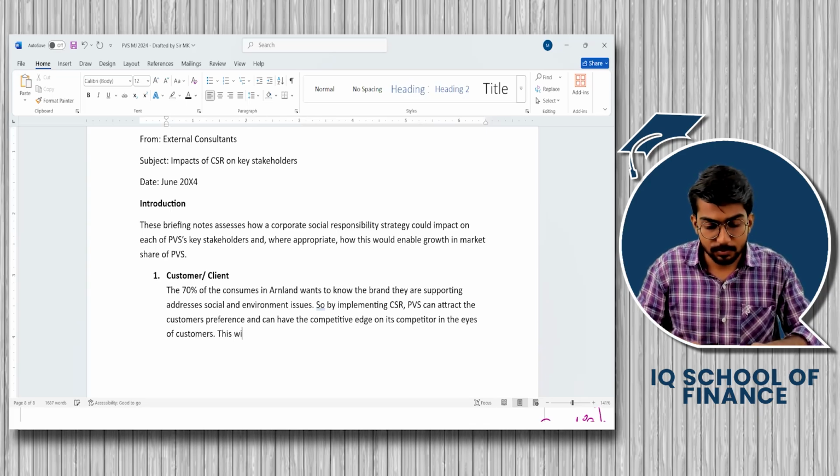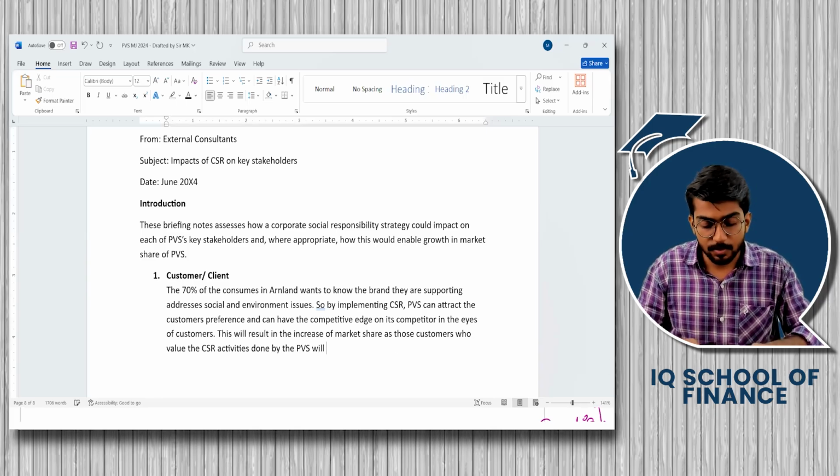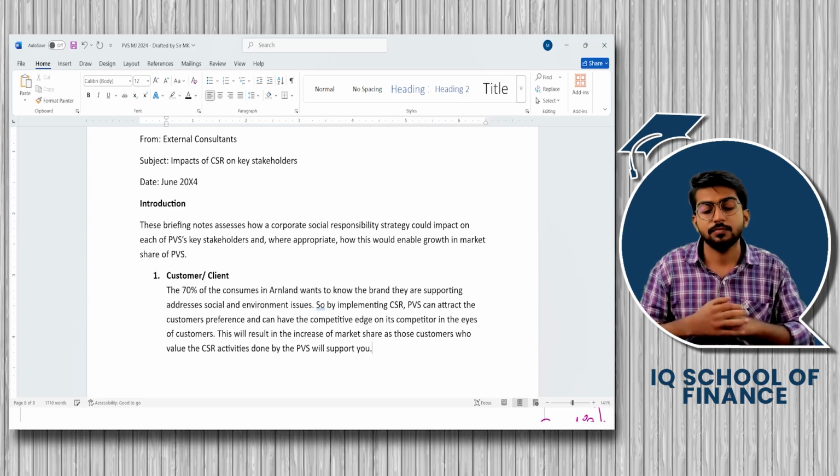This will result in the increase of market share as those customers who value the CSR activities done by the PVS will support you.